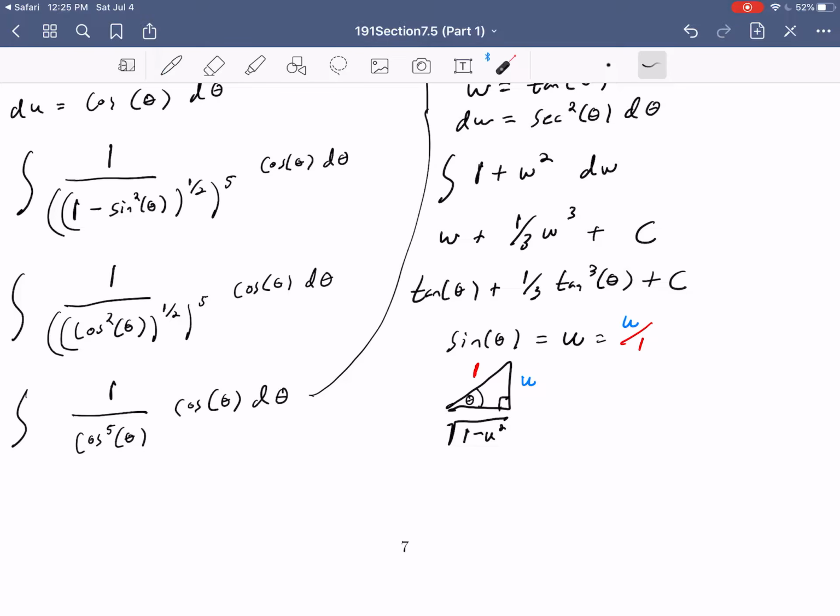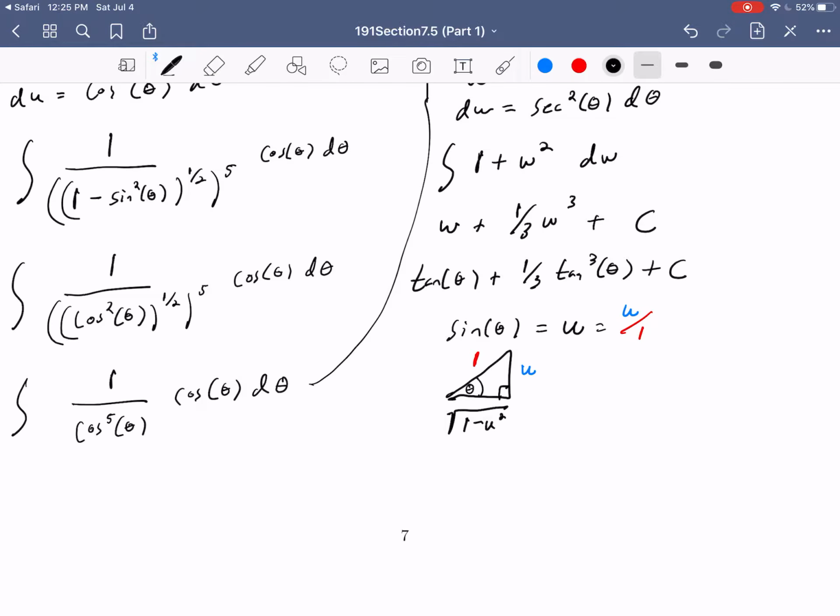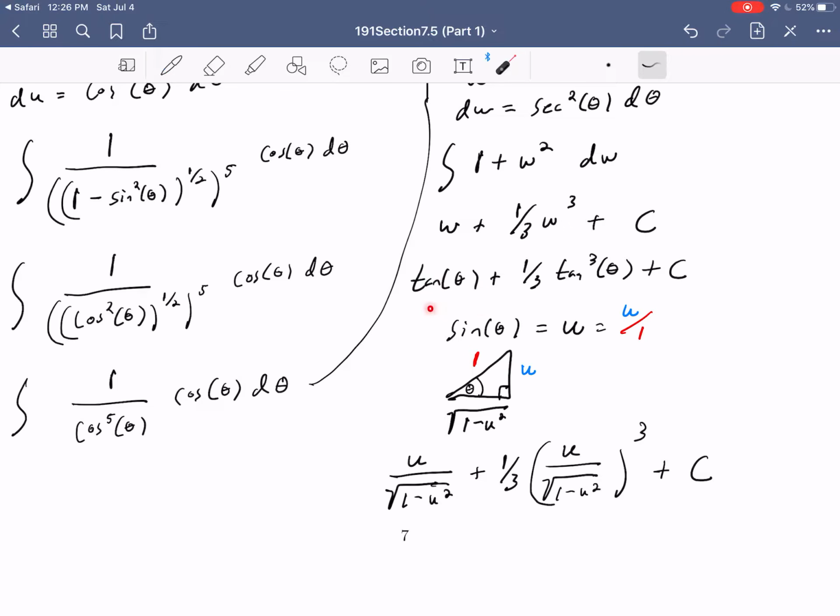So what are we interested in? We're interested in tangent, which is your opposite over your adjacent. So we can then get this as u over square root 1 minus u squared plus 1/3 u over square root 1 minus u squared cubed plus c. And that's again just saying that each of those tangents is actually u over square root 1 minus u squared.